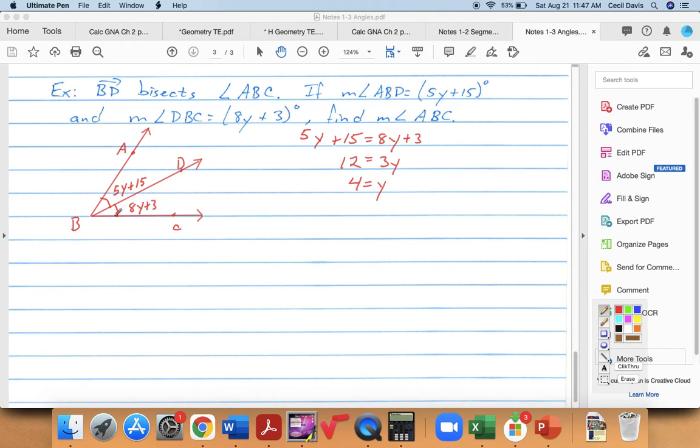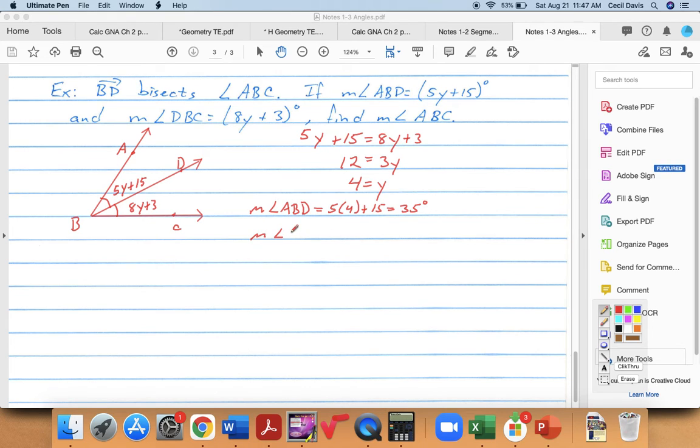Now notice it wants me to find the measure of ABC. Well, I wasn't given the measure of ABC, but I can find the measure of angle ABD is going to be 5 times 4 plus 15 is 35 degrees.